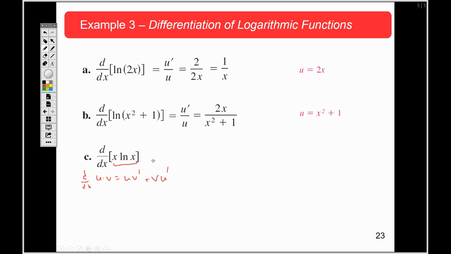So when we look at that in actuality here, I leave the x alone, and then the derivative of the natural log of x is just going to be 1 over x. That gives u prime v plus v prime u, times 1. Well, these cancel here, so I get 1 plus natural log of x, and I'm done.